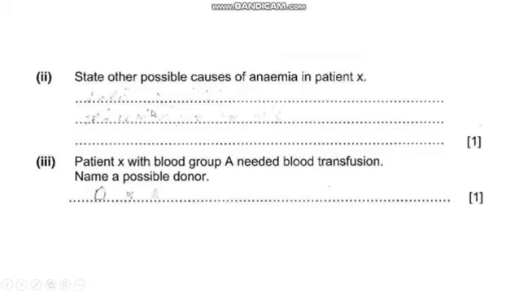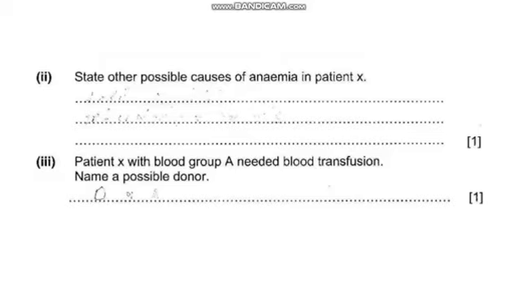Okay, so the causes of anemia, we have iron deficiency or reduced production of red blood cells. We also have chronic diseases such as kidney disease. We also have cancer, HIV, and AIDS. Okay, another cause of anemia is blood loss, or you can say excessive bleeding. Another cause of anemia can be inherited blood disorders such as sickle cell anemia.